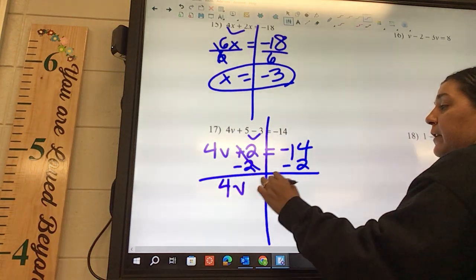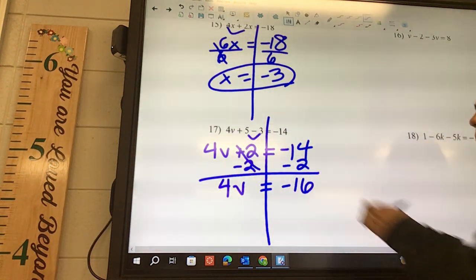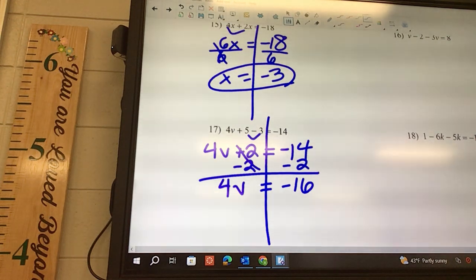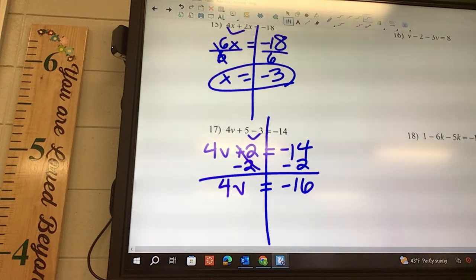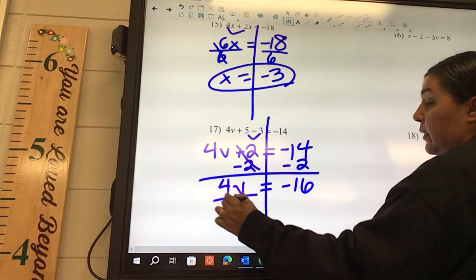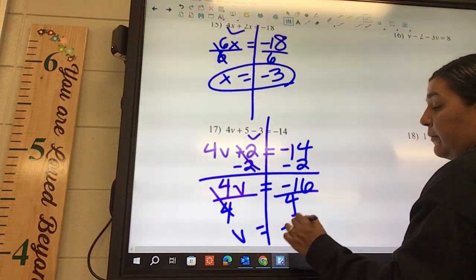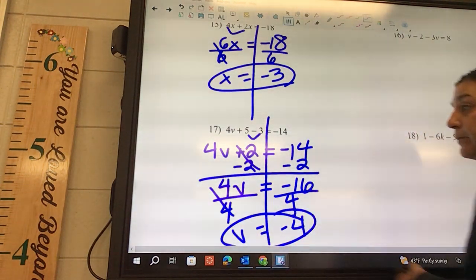So I get 4v equals -16. Okay, -14 minus 2 is going to be -16. Okay, and then we're going to divide by -4. Or just 4, actually. So we're going to get -4 for our v.